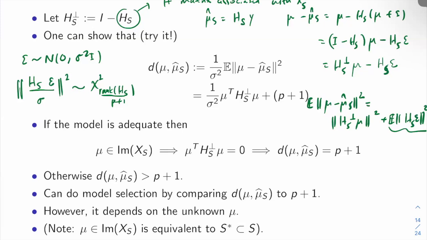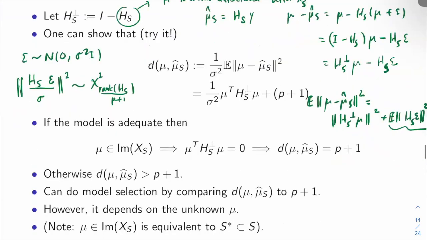So if mu is in the image of XS, when I project it onto the orthogonal complement, what would I get? Then HS mu equals mu, which means that HS perp mu is 0. So this quantity would be 0, and this distance would be exactly p plus 1.